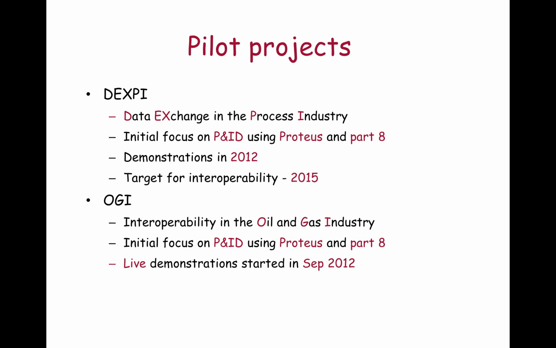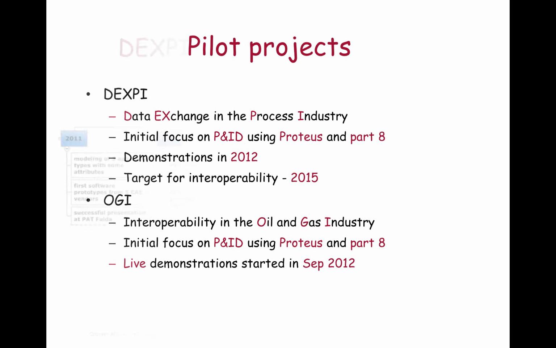They've had demonstrations in 2012 with a target for P&ID interoperability by 2015. OGI has been giving live demonstrations since September 2012, again focused on P&ID and again using both schema XML and Part 8 RDF.